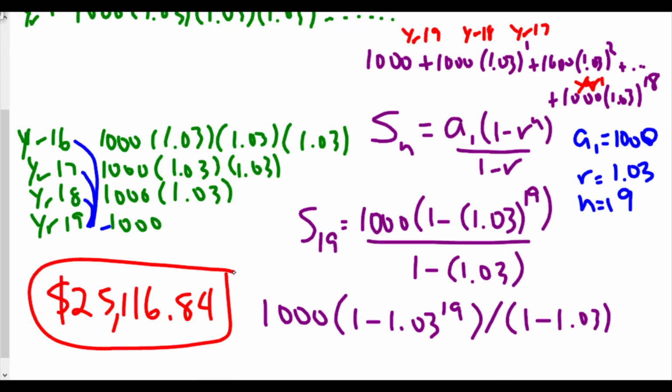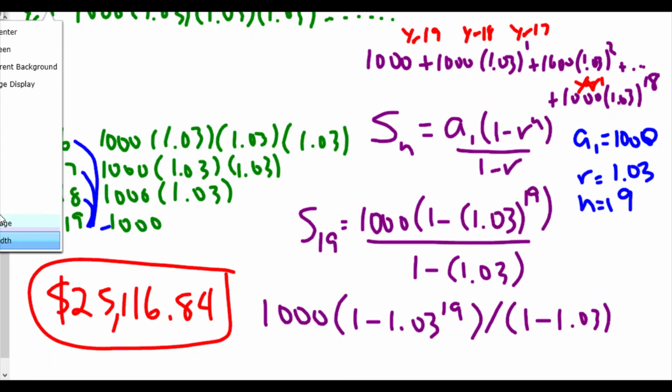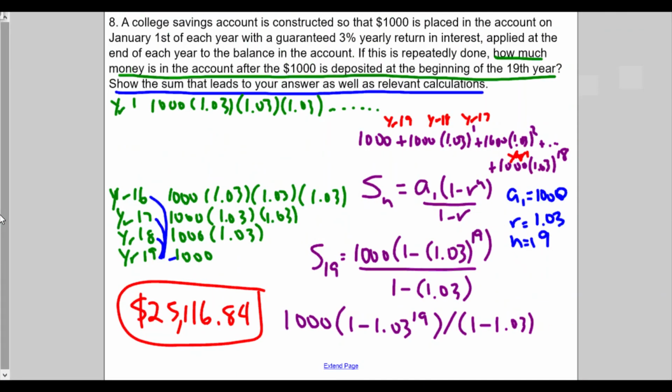All right, ladies and gentlemen, let me give us a page here so you can see everything. Again, the hard part was trying to set up your geometric sum. We know we're multiplying by 1.03 every single time, but the 19th entry is our year 1, while our first entry, how much we made since year 1, will be our last entry, meaning our last total amount.